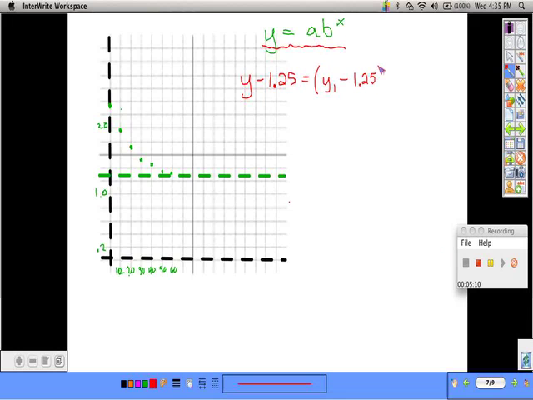This start value got shifted the same way that every other y value got shifted on this graph. And then we don't know the base, and we're going to write x minus x1 because there probably was a horizontal shift that happened here also.